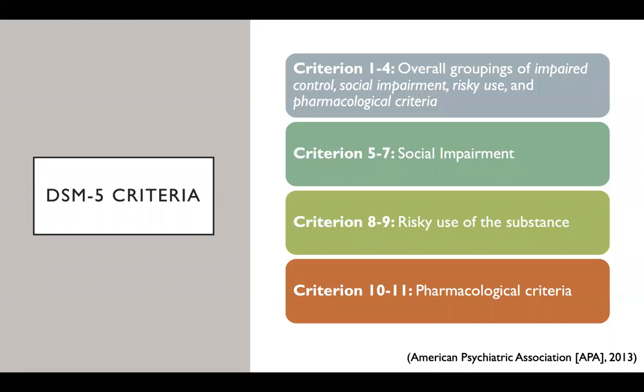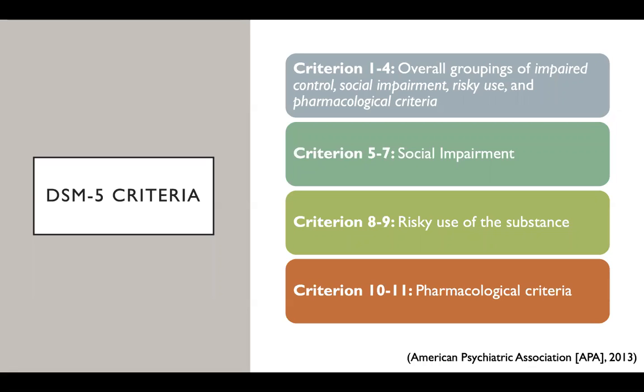The requirement for diagnosing a substance use disorder is the client has a pattern of substance use leading to clinically significant impairment or distress, as manifested by at least 2 of the following criteria occurring within a 12-month period.